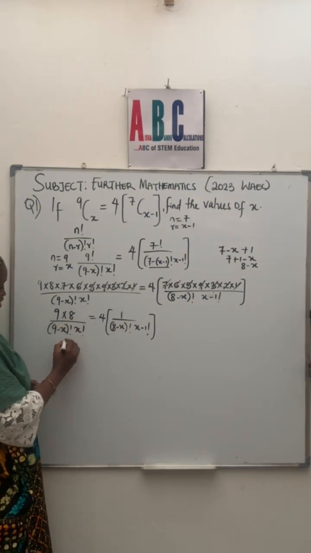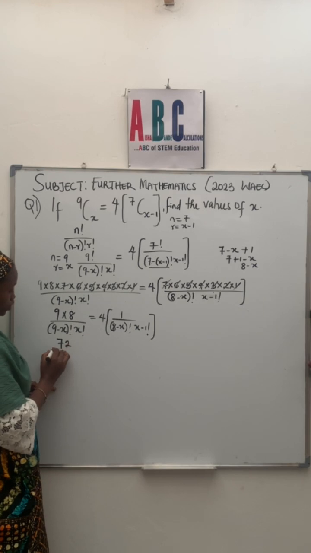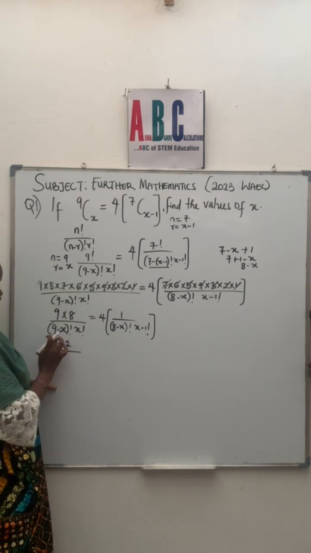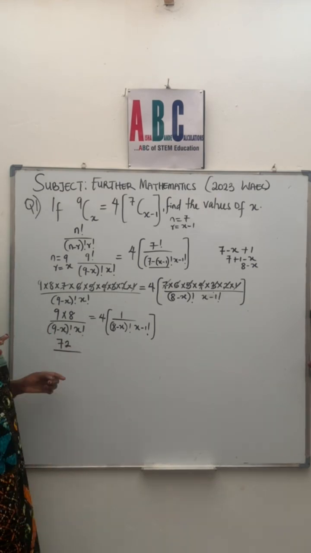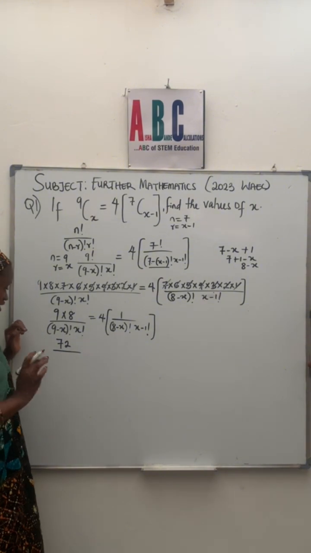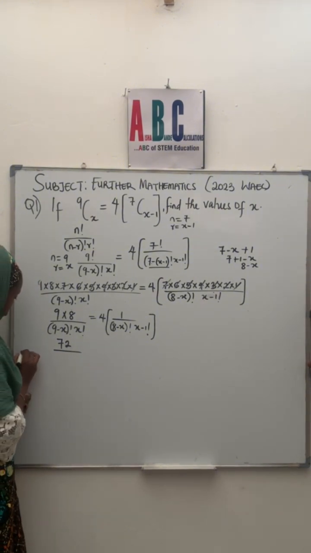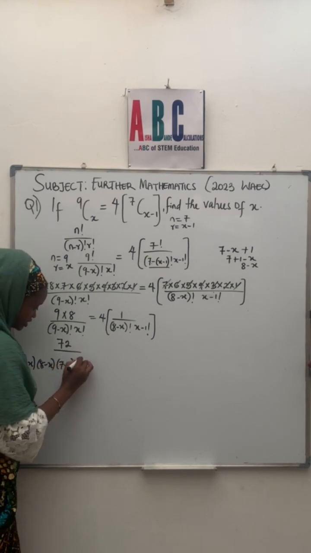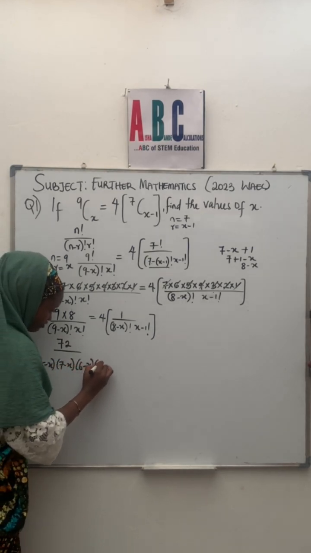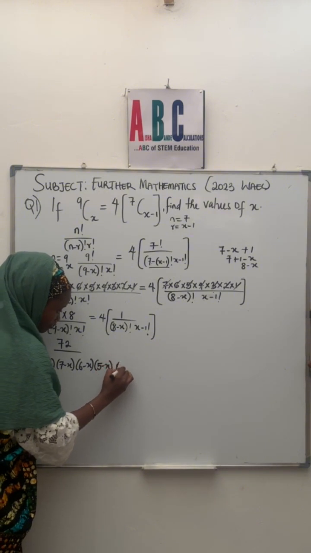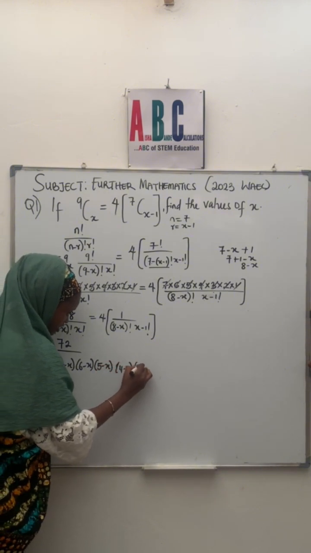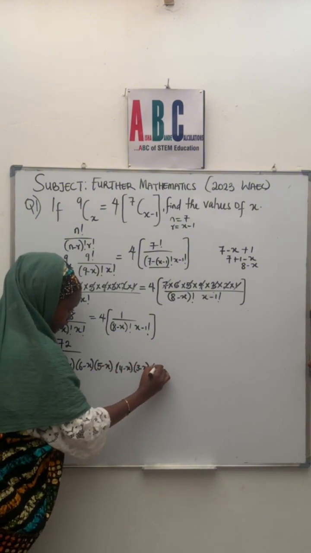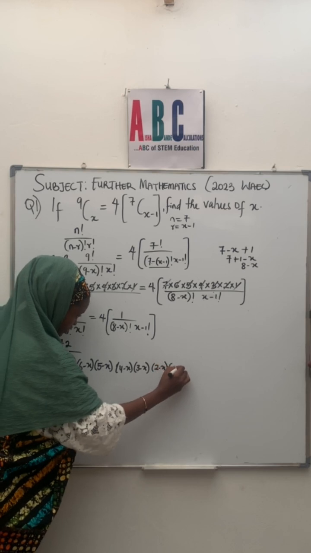9 multiplied by 8 here, we have 72 all over 9 minus x factorial. This 9 minus x factorial is the same thing as saying 9 minus x, 8 minus x, 7 minus x, 6 minus x, 5 minus x, 4 minus x, 3 minus x, 2 minus x, up to 1 minus x.